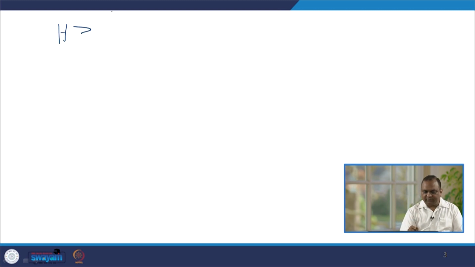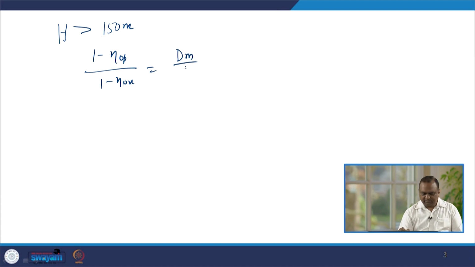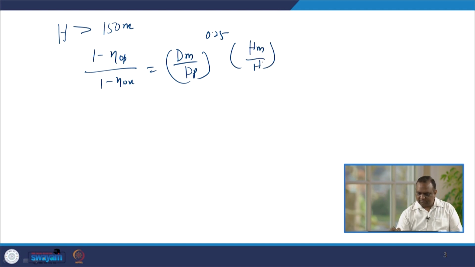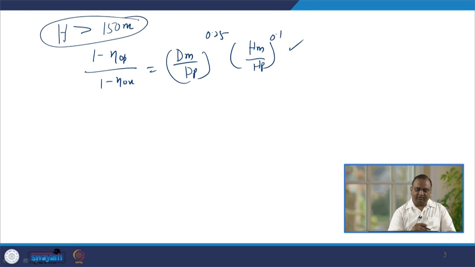When the head is greater than 150 meters, mostly for the Pelton wheel or Francis turbine also, this formula can be used when the head is greater than 150 meters. That is all for today.